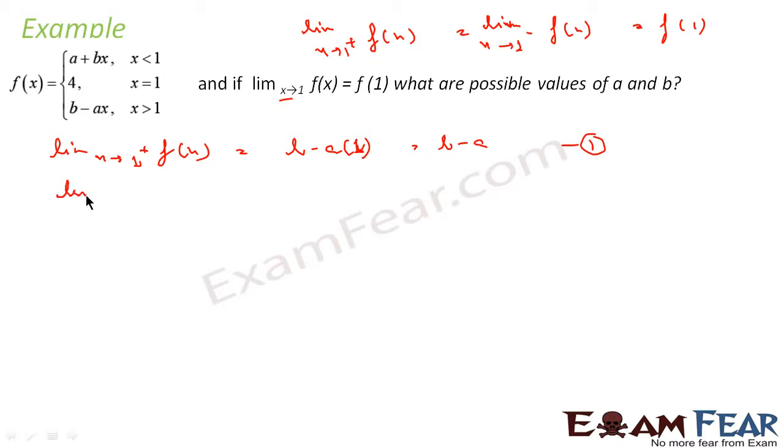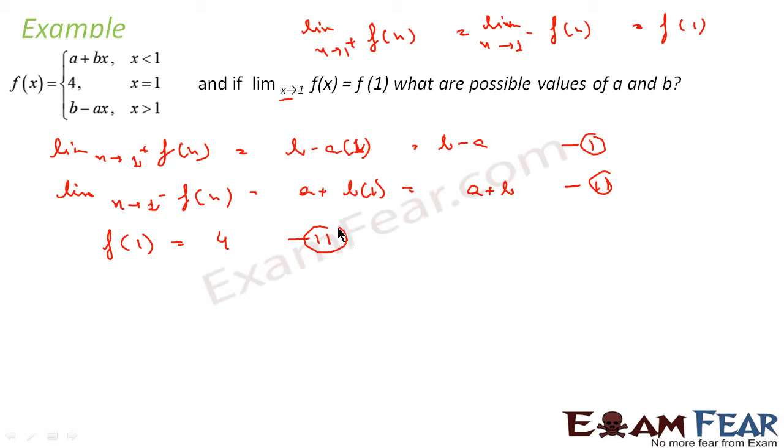Similarly, the left hand limit for this function, in this case we use this function because x is less than 1, will be a plus b into 1, that will be a plus b. This is equation 2, correct? And value of f of 1 is nothing but 4, that's equation 3. So all these 1, 2 and 3 are equal. So we can say that b minus a is equal to a plus b is equal to 4. This is equation 4.